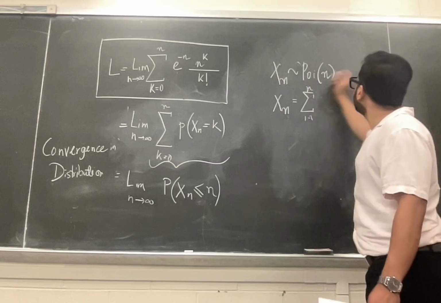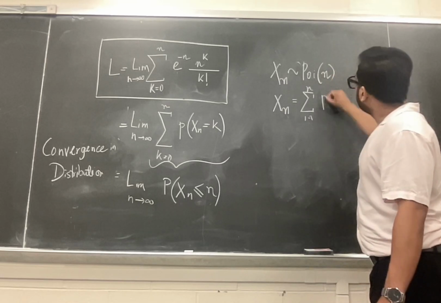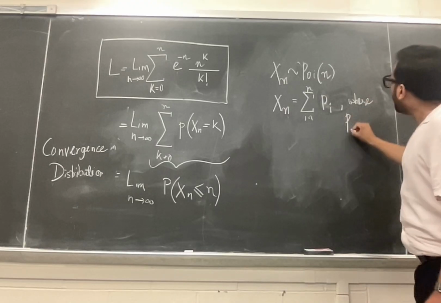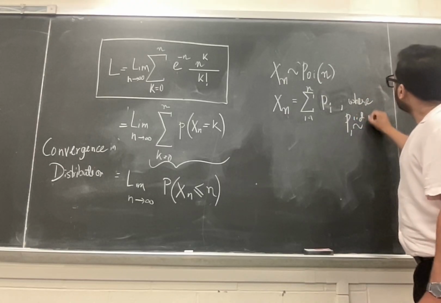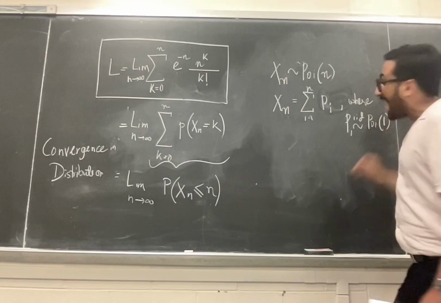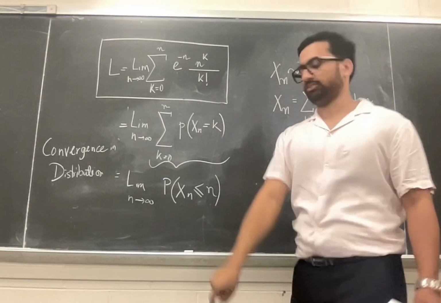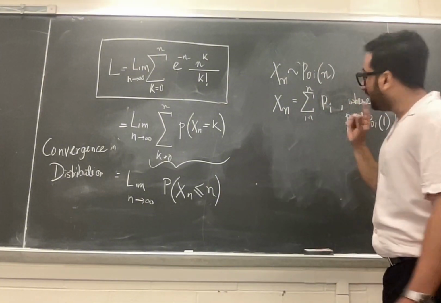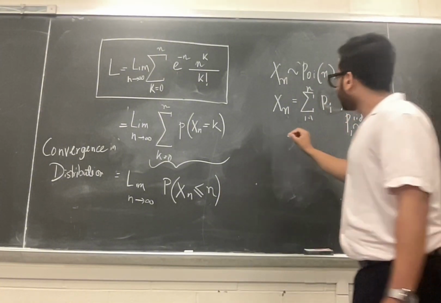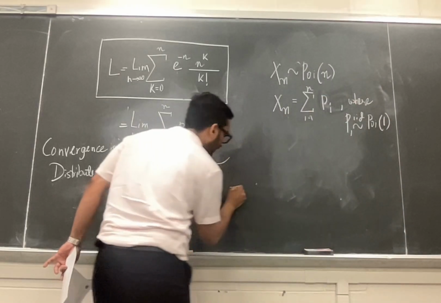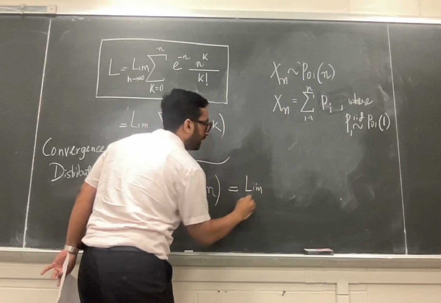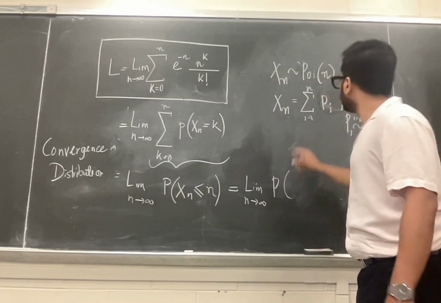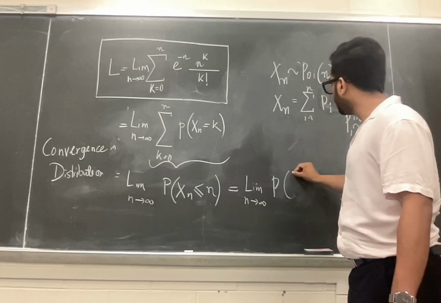So you can rewrite it as the summation of Xi, where each of the Xi's are IID Poisson 1 because of the additive property of the Poisson distribution. So therefore, you can write it as the limit as n tends to infinity of the probability of the summation of Xi.